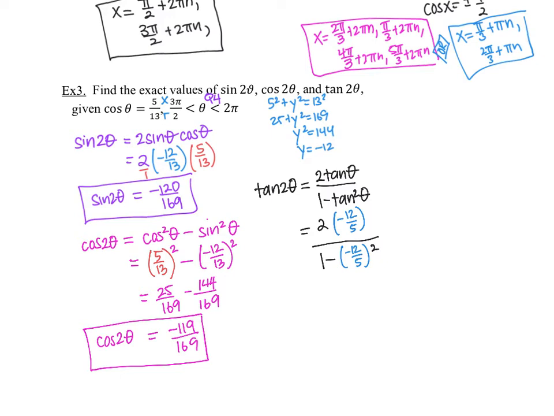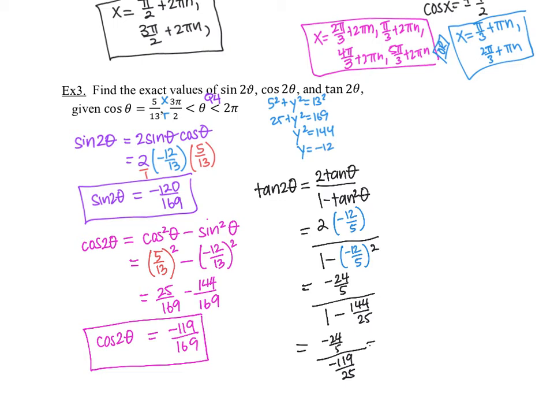Okay, I'm going to go ahead and try to simplify this. Let's see, 1 minus 144 over 25. Okay, 25 over 25 minus 144 over 25 will be, no, negative 119 over 25.